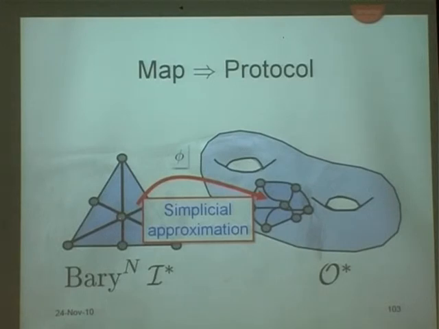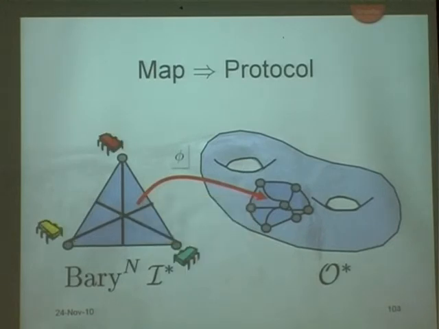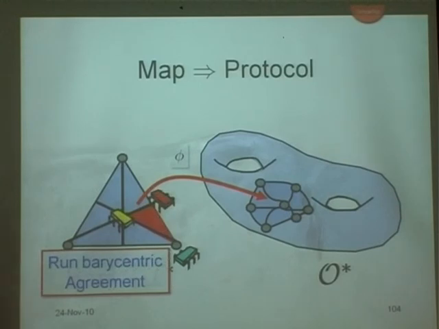I've only drawn one, but the simplicial approximation theorem says there exists an n so that if you subdivide it enough, you can always find a simplicial approximation. And now that we have this combinatorial object, this map, we can turn it into an algorithm by having them run barycentric agreement to end up on a single simplex over here. And then we can apply the simplicial map, which means they end up on a single simplex over here.